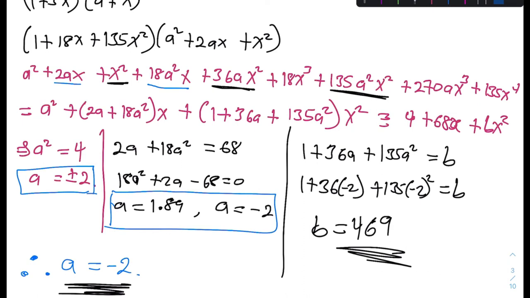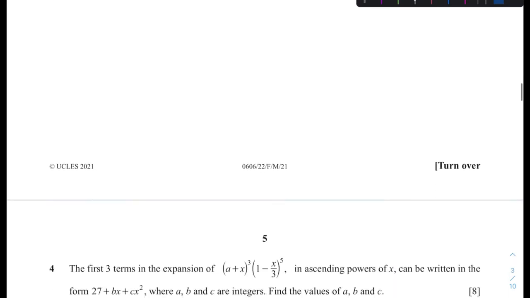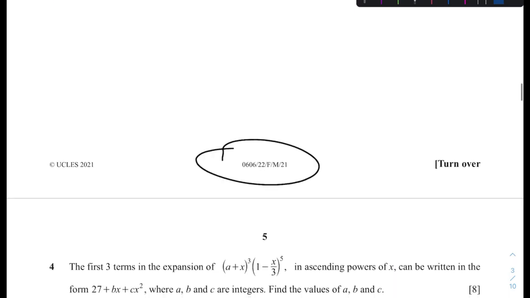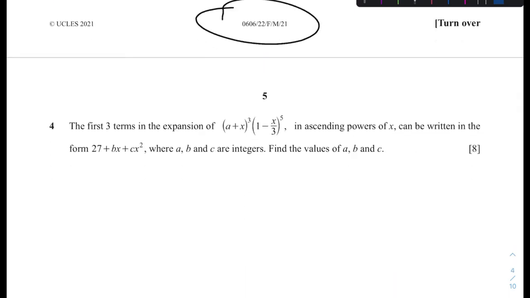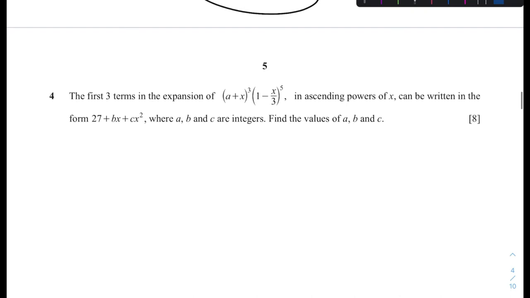The next thing that we need to look at is also very much 21. Let's look at this paper. It is May/June paper 1-1, 8 solid marks. Oh my gosh. So for this one we need to be really careful. Let's read the question, analyze it, and then solve it.